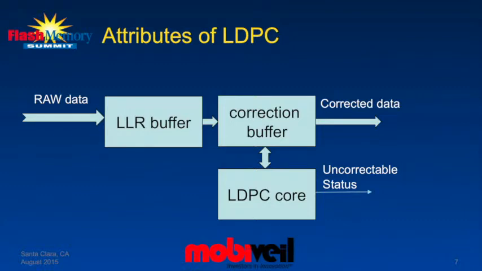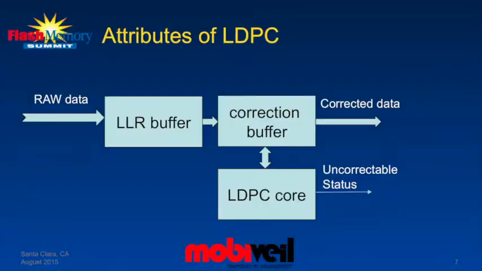The actual correction buffer in most of these is in 2 different places, so it can switch from one to the next without a delay. The LDPC core itself goes through a set of iterations as it does its work. It goes through all the data one time, and that's called one iteration. And once it does that, it can know if it has corrected everything or if it hasn't. If it's done its work, then it sends the data on.